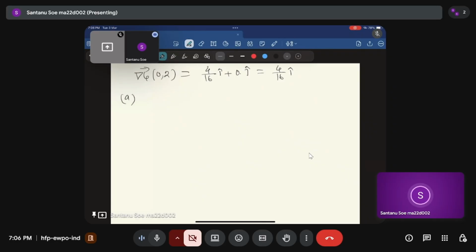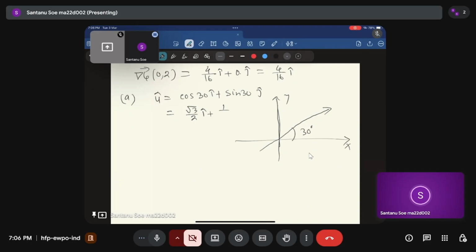So now in the first case, they have given the direction U, a line which is making an angle 30° with the positive x-axis, correct? So this angle is 30°. So U is gonna be cos 30 I cap plus sin 30 j cap, right? Now cos 30° is just root 3 by 2 I cap, and sin 30 is 1 by 2 j cap.